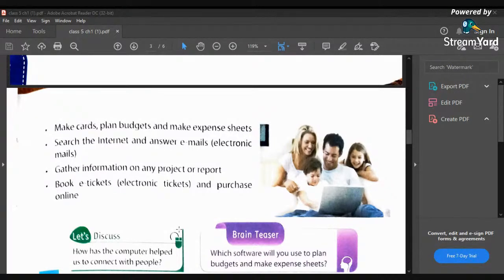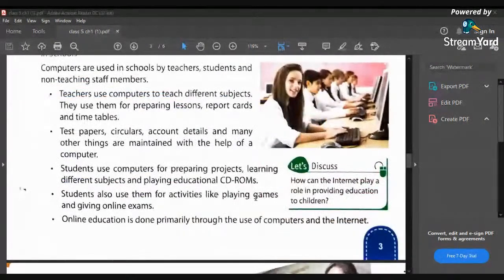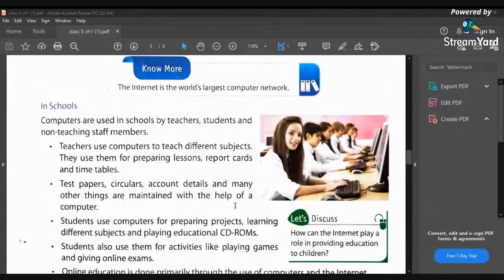And after that, we discuss the uses of the computer in school. Computers are used in school by teachers, students, and non-teaching staff members.